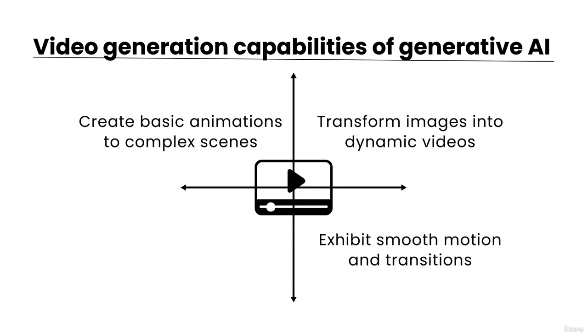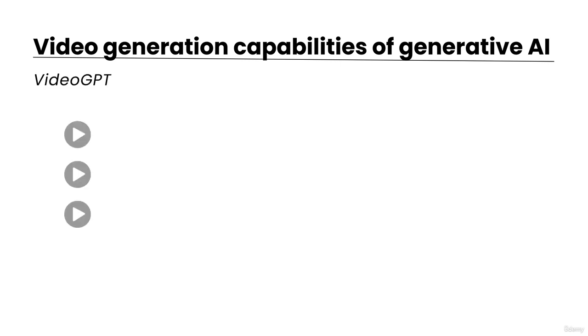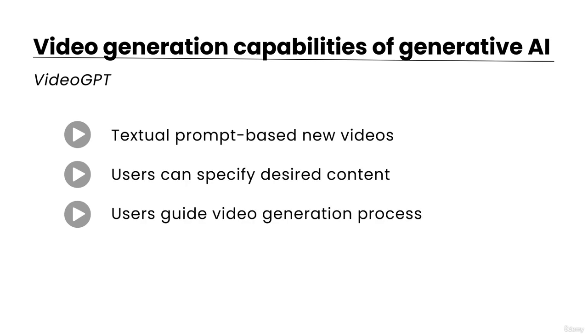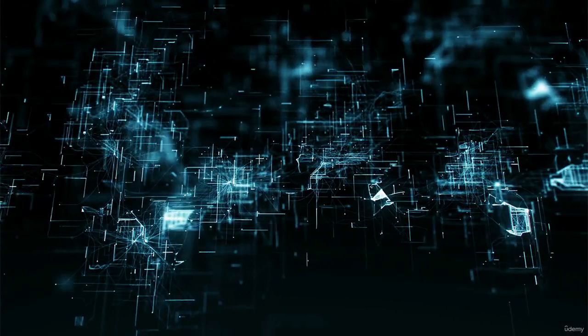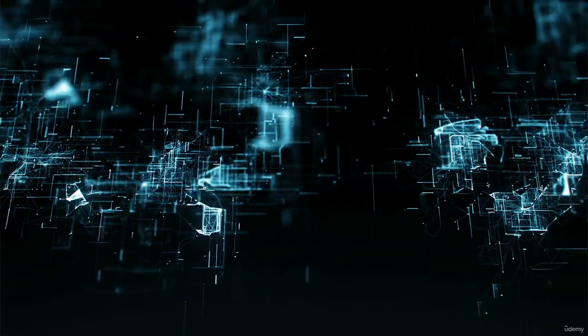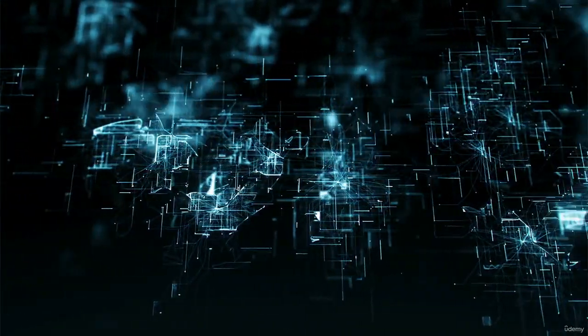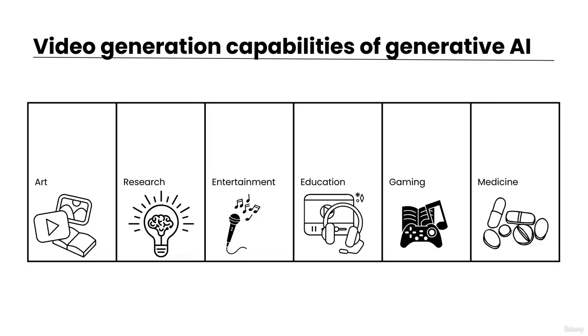This enables these models to exhibit smooth motion and plausible transitions in videos. For instance, a popular AI model, Video GPT, follows textual prompts the user provides to create and generate new videos. Users can specify the desired content and guide the video generation process, including completion, editing, synthesis, prediction, and style transform. This generated video can be used in domains such as art, entertainment, education, gaming, medicine, and even research.